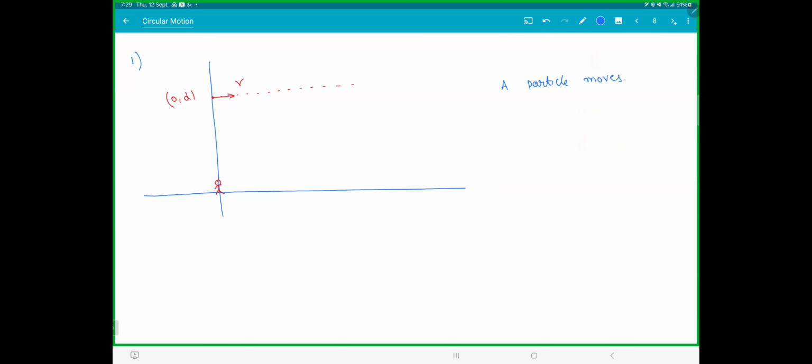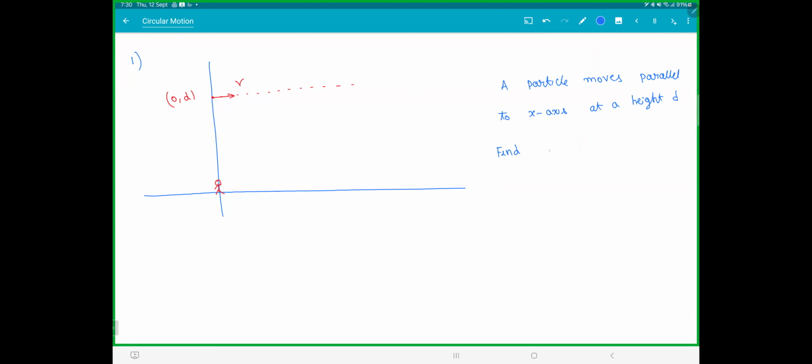A particle moves parallel to the x-axis at a height d.